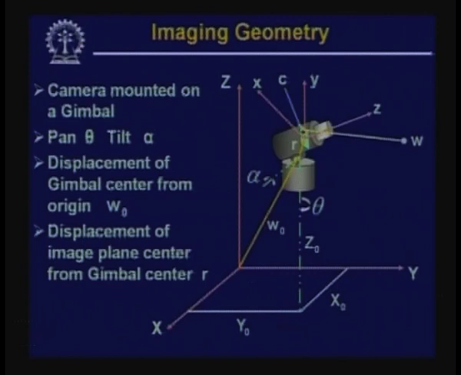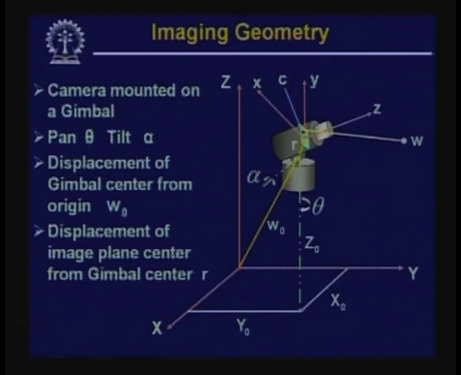And finally, we also assume that the camera center, or the center of the imaging plane, is displaced from the gimbal center by a vector r, which will have components say r1, r2 and r3 in the x, y and z direction of the 3D world coordinate system.